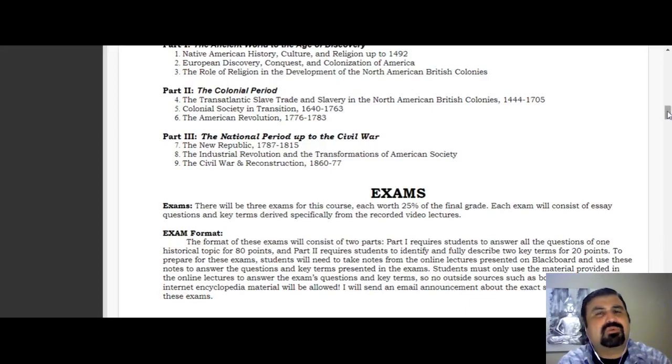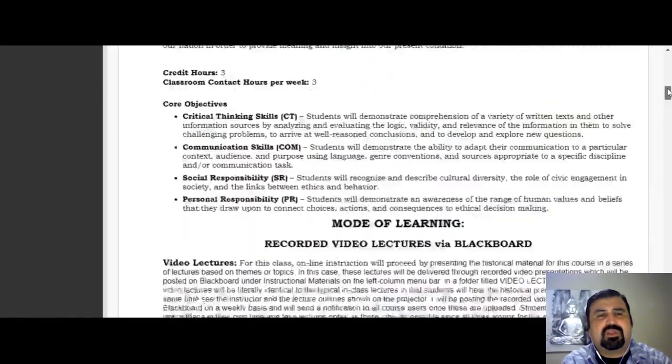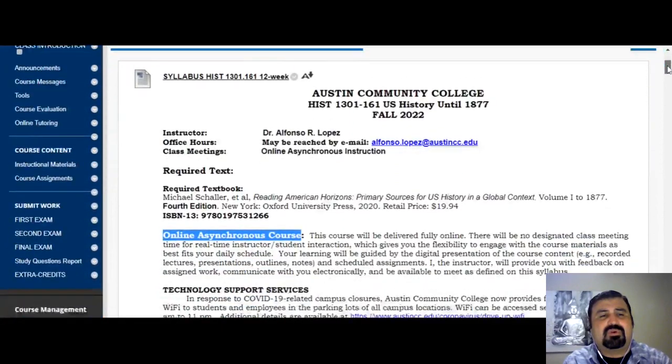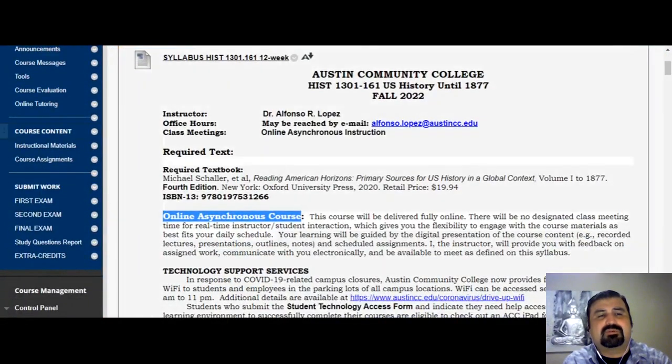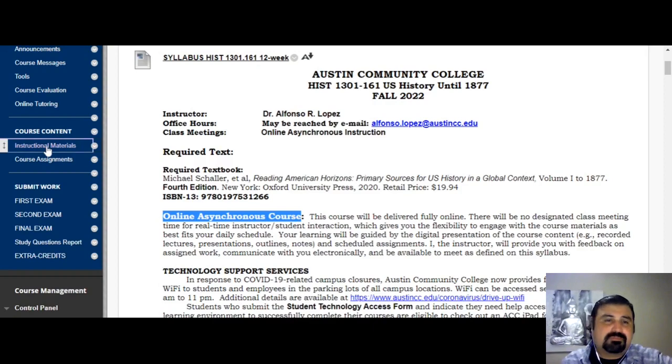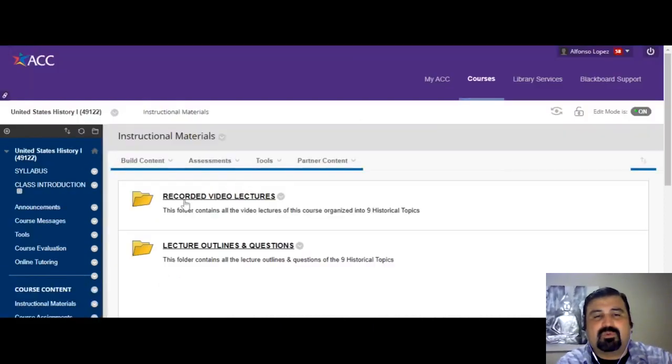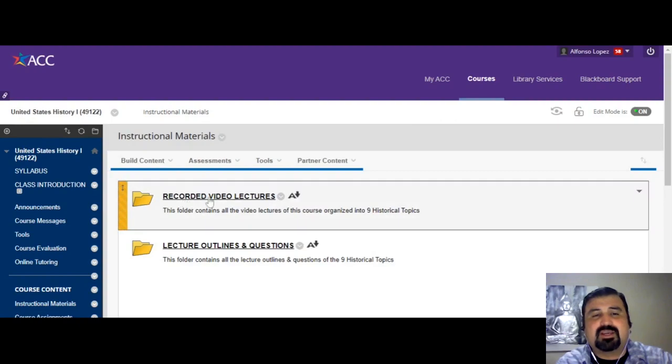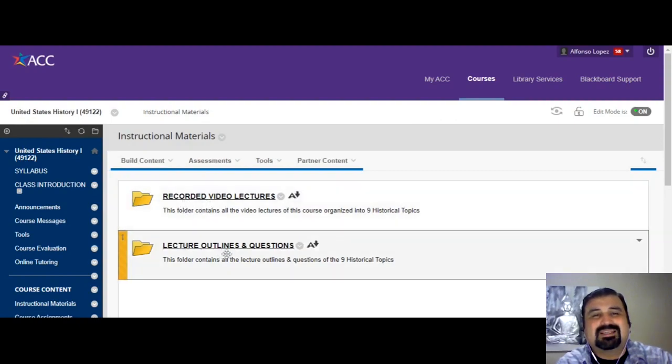So you say, okay, so where are those videos? Okay, so if you go back to here, this menu column on the left says course content. If you see instructional materials, you click on instructional materials. You see two folders. One is the recorded video lectures and the lecture outlines.